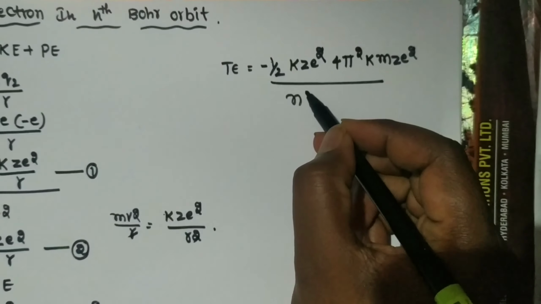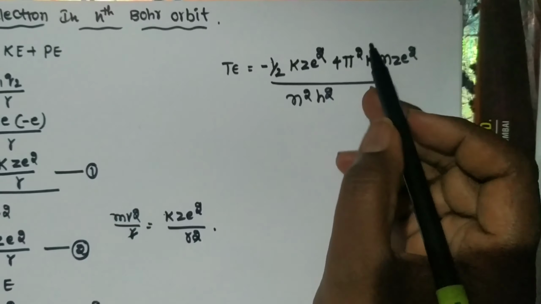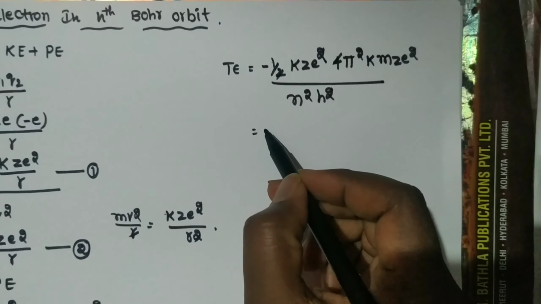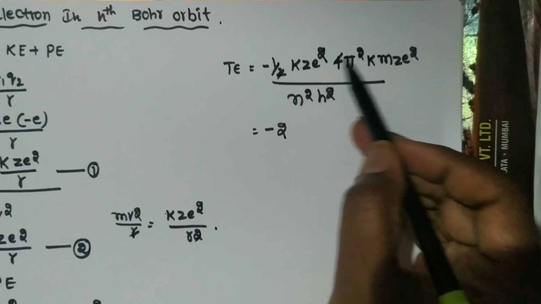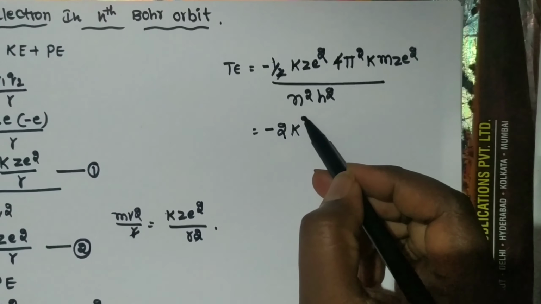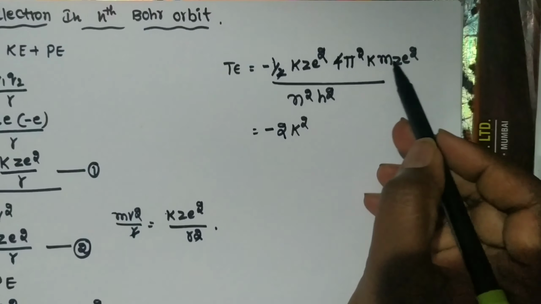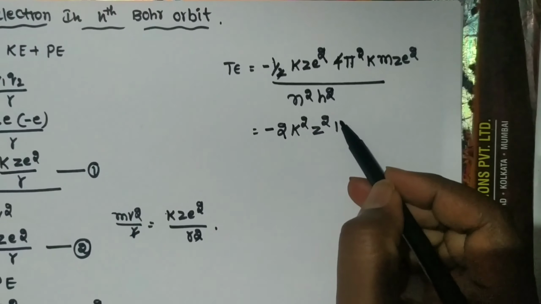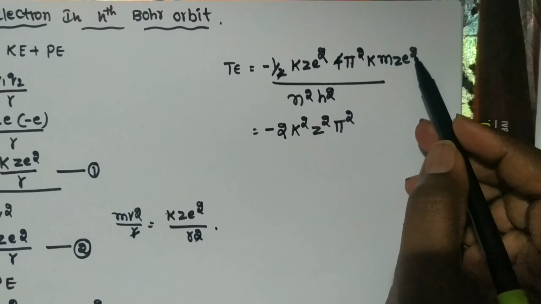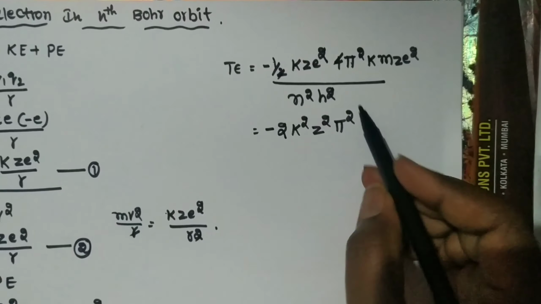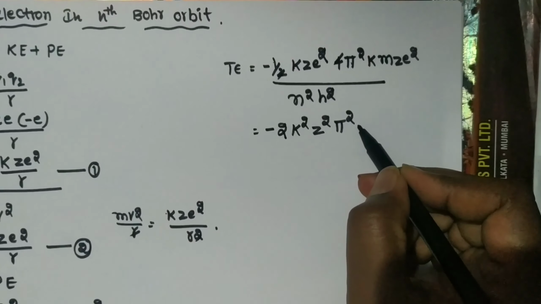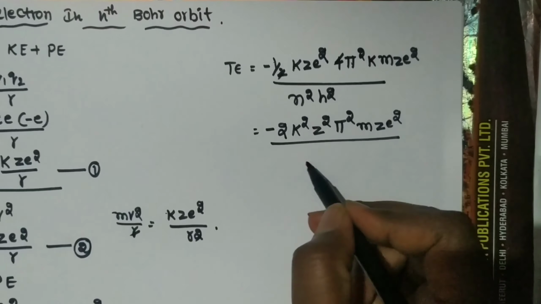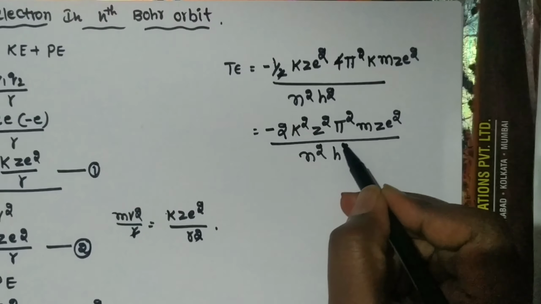Here the 1 and 2 get cancelled, remaining minus 2 pi square K square, z and another z square, and remaining m e square upon n square h square.